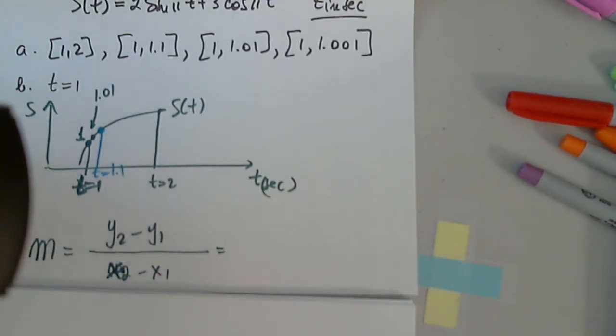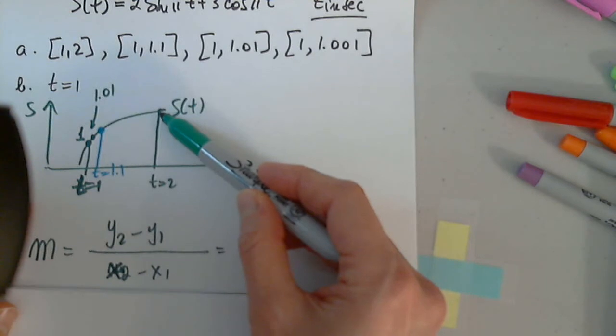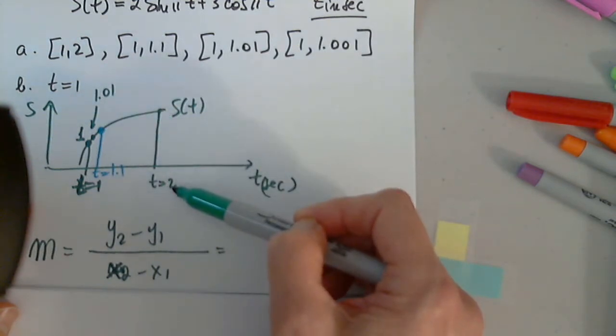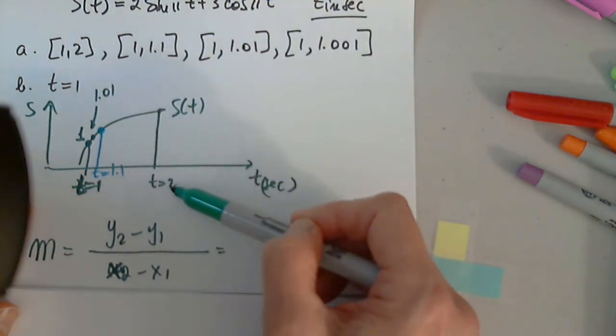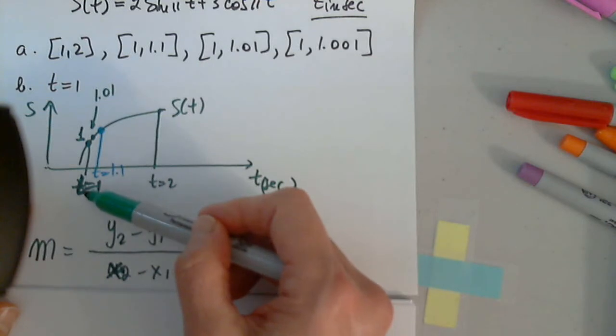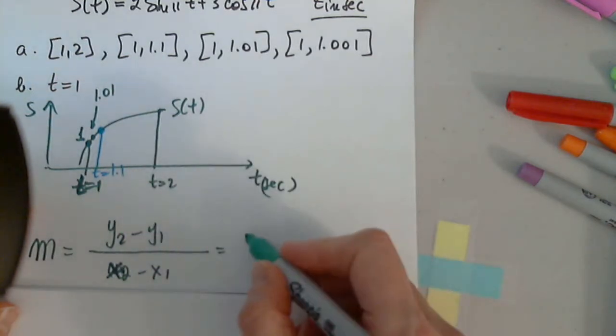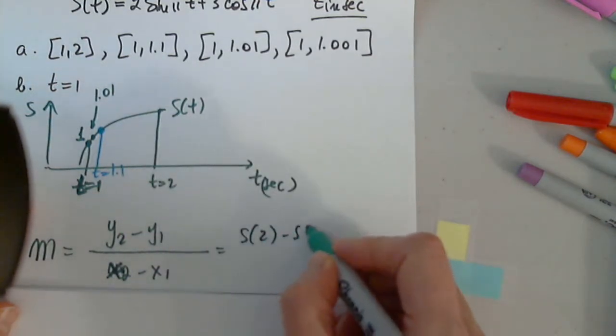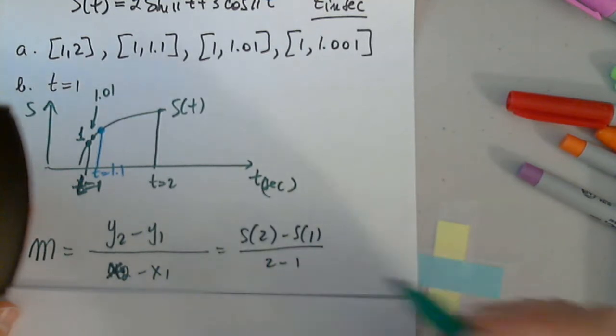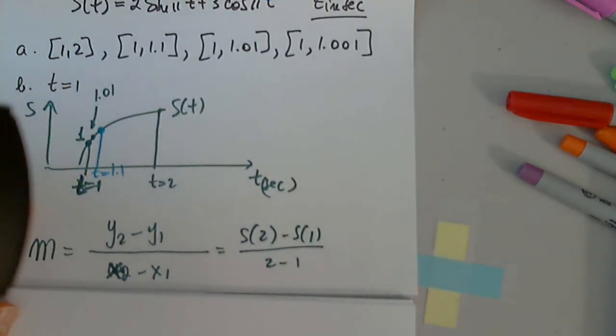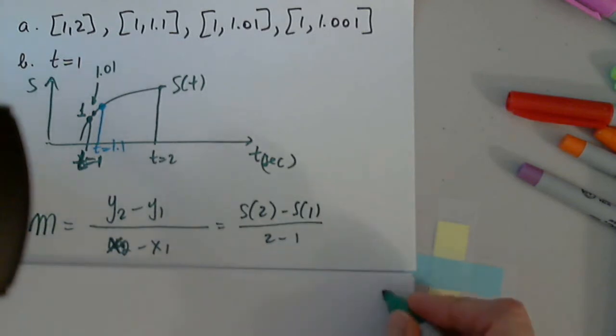We know that. So we are trying to determine first s2 minus s1 over 2 minus 1. Do you agree with that? S of 2 minus s of 1 over 2 minus 1. Is that okay, everyone?